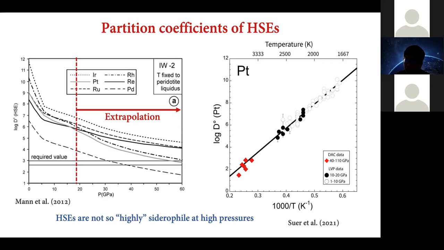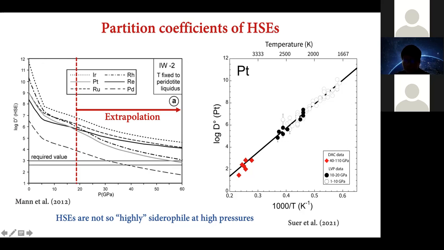If data is extrapolated to the Earth's core formation, which is about 20 to 60 GPa, it seems that the core-mantle differentiation can leave the mantle much higher HSE concentration, and at least some of them are consistent with the present-day observation.